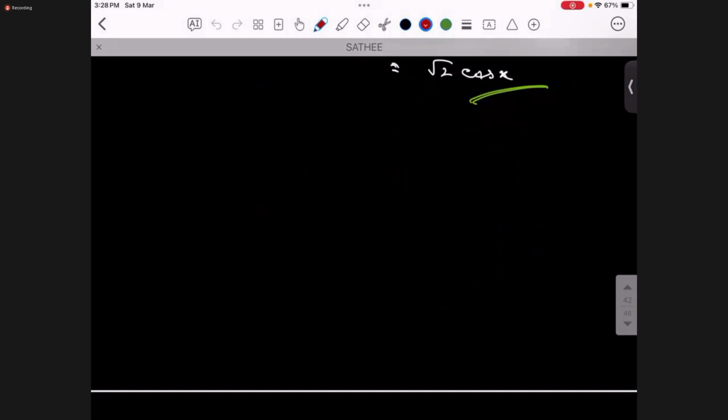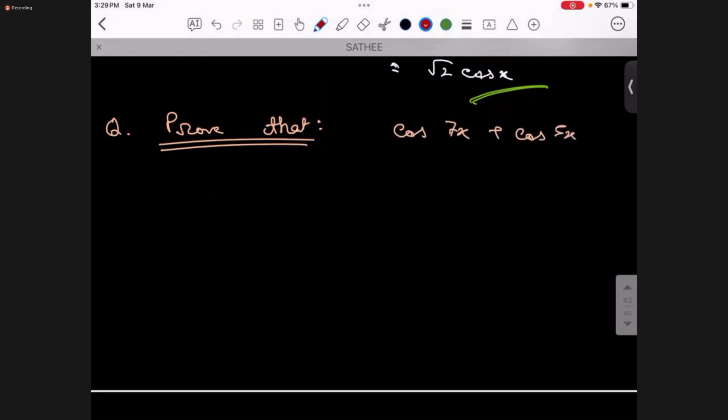The question is: prove that cos 7x plus cos 5x divided by sin 7x minus sin 5x equals cot x.